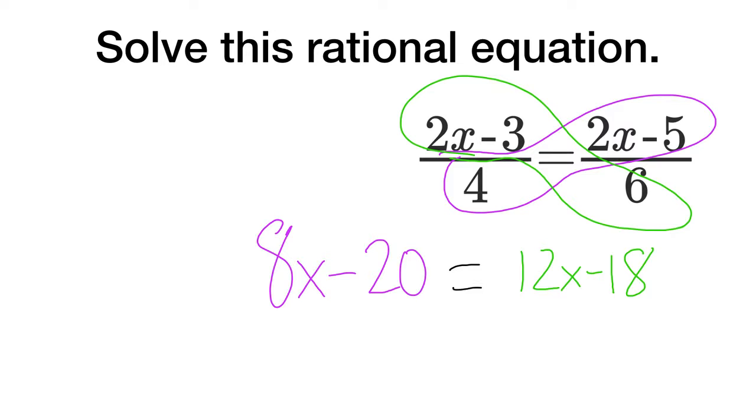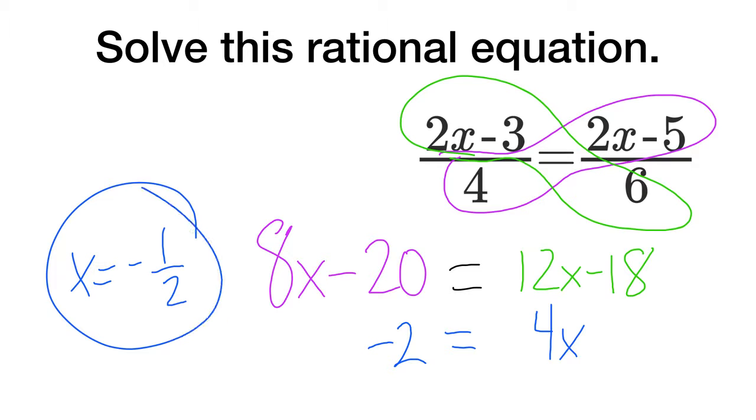So 8x minus 20 equals 12x minus 18. First thing I do is subtract 8x from each side, meaning I am going to get 4x. Then I'm going to add 18 to both sides, and that's going to get me negative 2. So negative 2 equals 4x, or x equals, let's see, negative 2 divided by 4 is negative 1/2. And that is our answer.